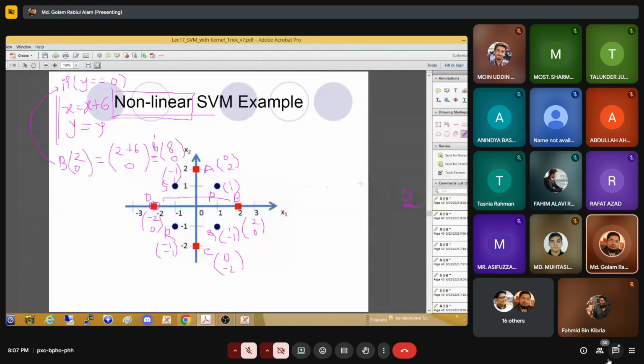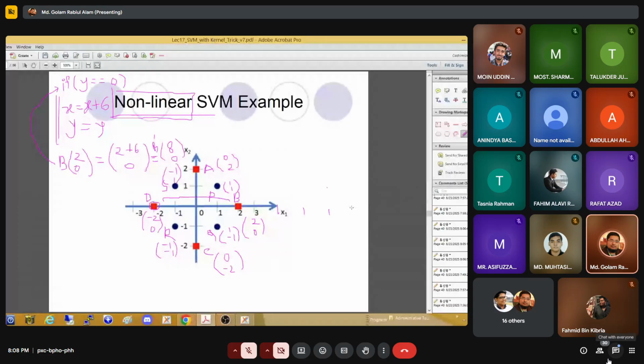The new location of B will be, so this is 3, then 4, maybe 5, then 6, then 7, and then 8.